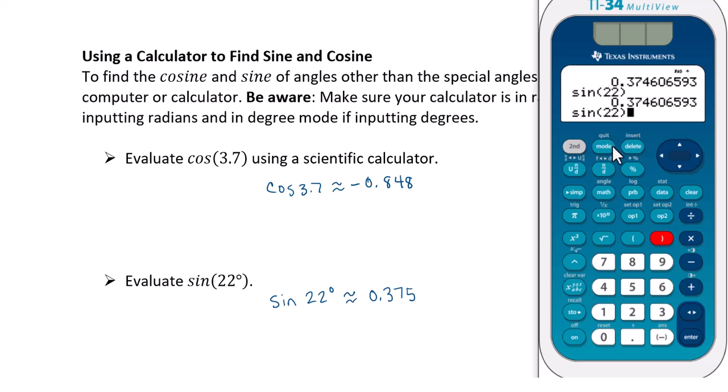The calculator is going to interpret this to mean 22 radians. And when I hit enter, I get a very different value than I did when I put the degree symbol there in radian mode. So just be aware that you have your calculator in the correct mode when you're doing these problems.